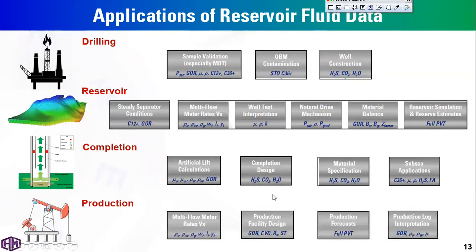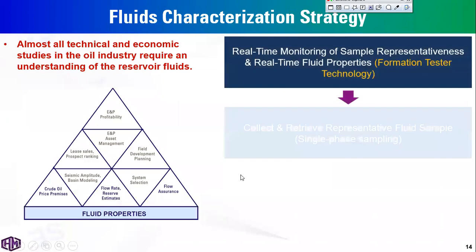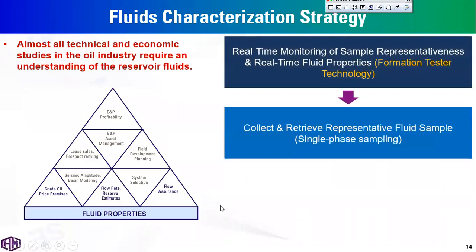And for production, production logging, production forecasting and multi-phase flow metering are dependent on the type and the characteristics of the fluid. So a fluid characterization study starts with real-time monitoring and reservoir fluid sampling based on formation tester technology or wireline tools.